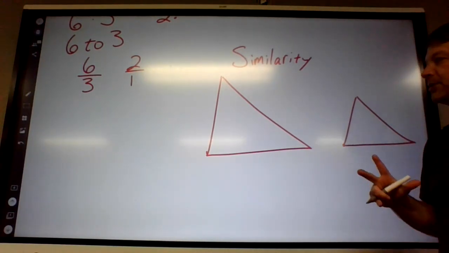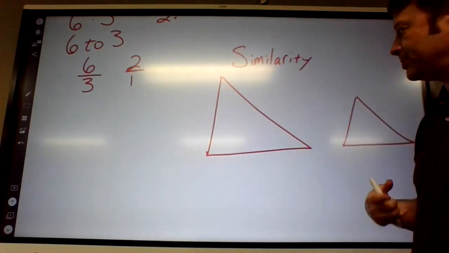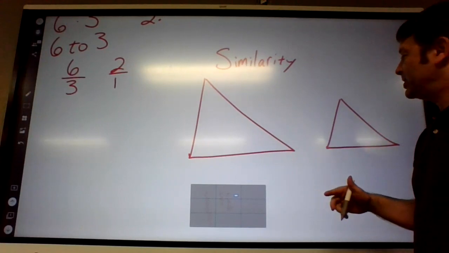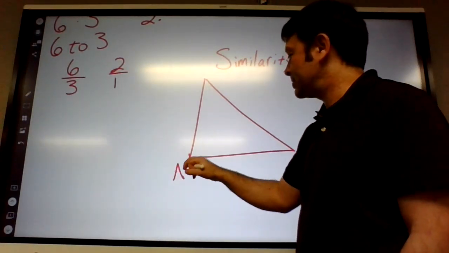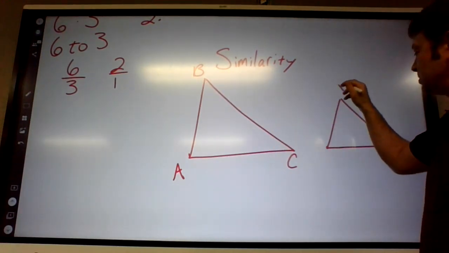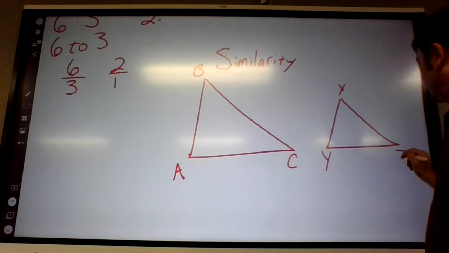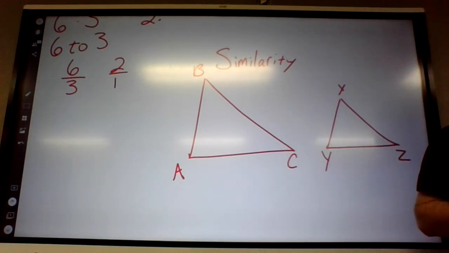Congruent is when all the sides are the same, all the angles are the same, all the corresponding parts are the same. But similar means what? They're close, but not the exact same. They're not the same size, but they are the same shape.